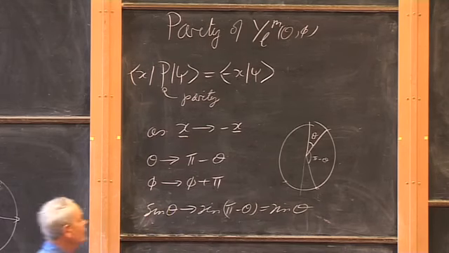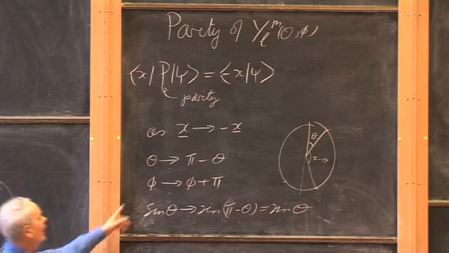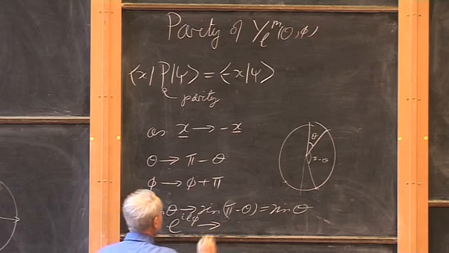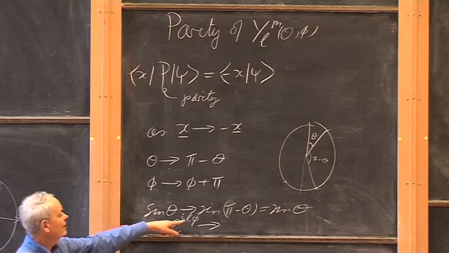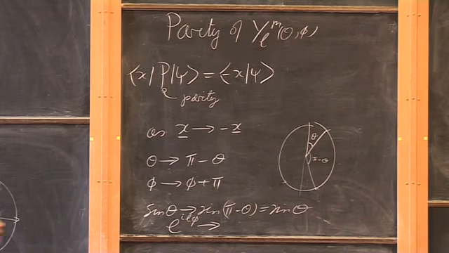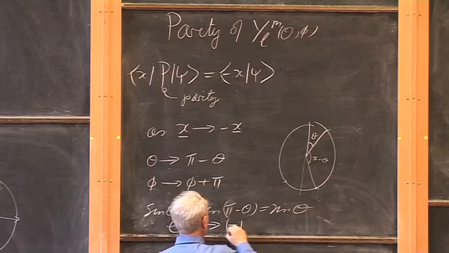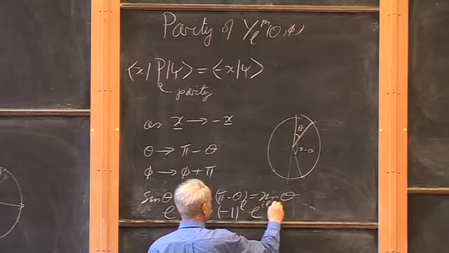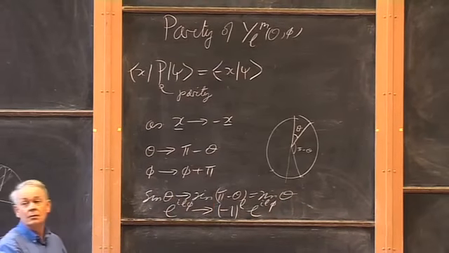So sine theta doesn't change, and e to the i L phi, what happens if you add pi to phi? Well, you get an extra factor e to the i L pi, which is minus 1 to the L, times e to the i L phi. Is that right?